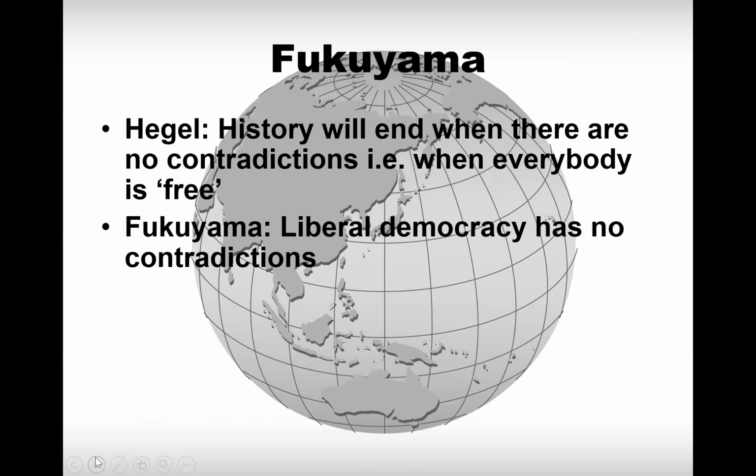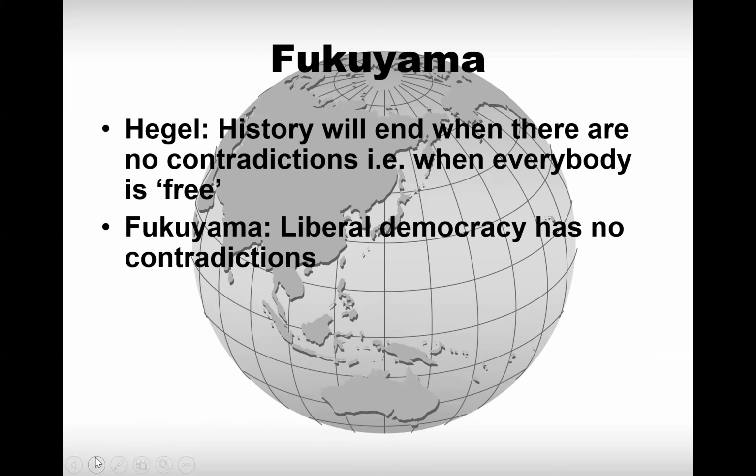So Hegel believed that human history proceeded through a period of conflict where there was conflict between a dominant idea and another idea which challenged that idea. So his ideas were the ideas of freedom and the ideas of equality, for example.